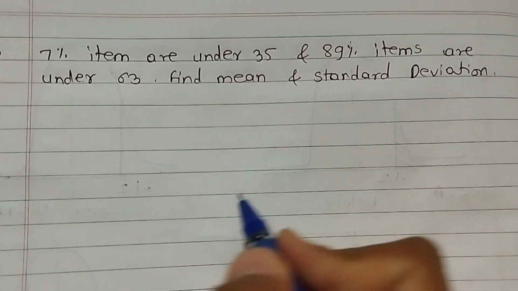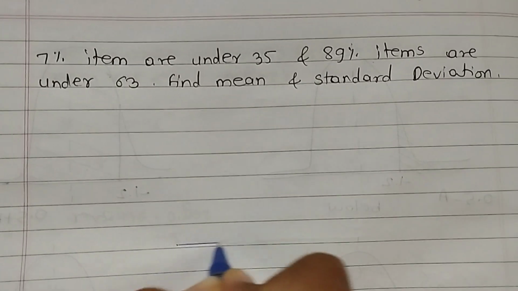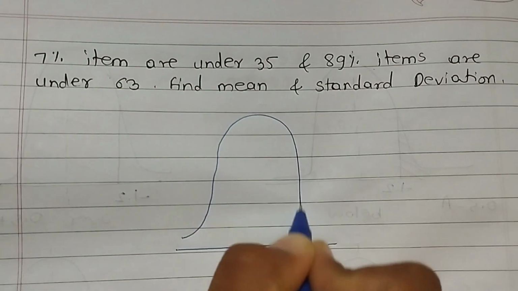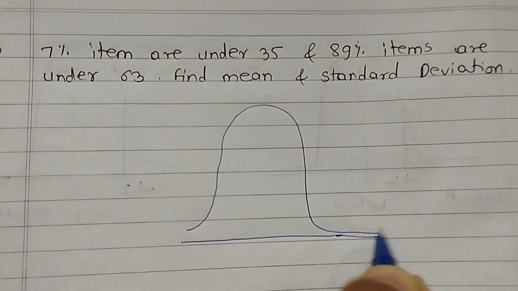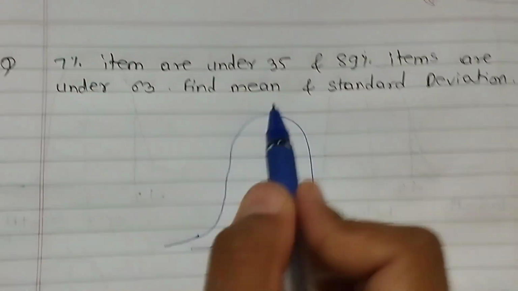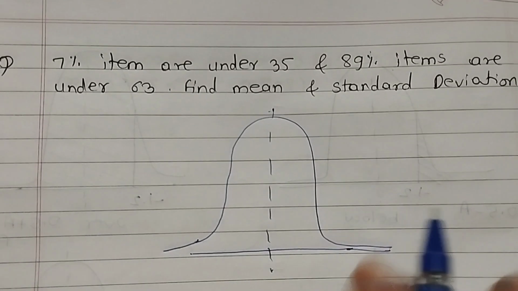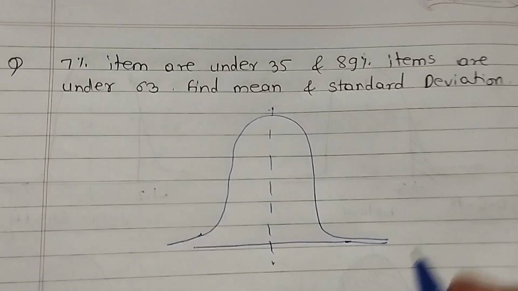Let's see. For that, first draw a curve. This is our normal distribution curve. This is our midline which divides the curve into two equal parts.